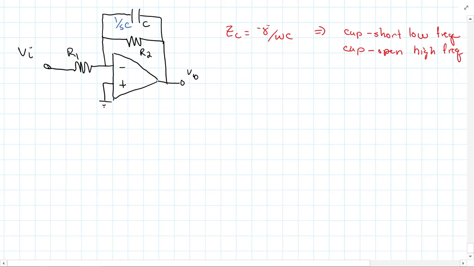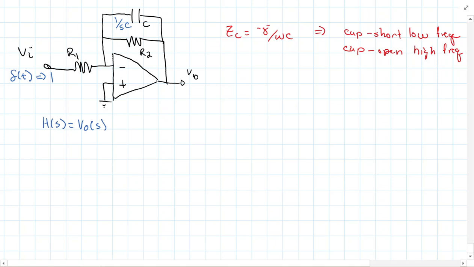So we have 1 over SC here. Now the transfer function here is not more challenging, there's just a little bit more algebra than when we did the low pass. And of course, we make the input the delta function, so I can find my transfer function as the output.